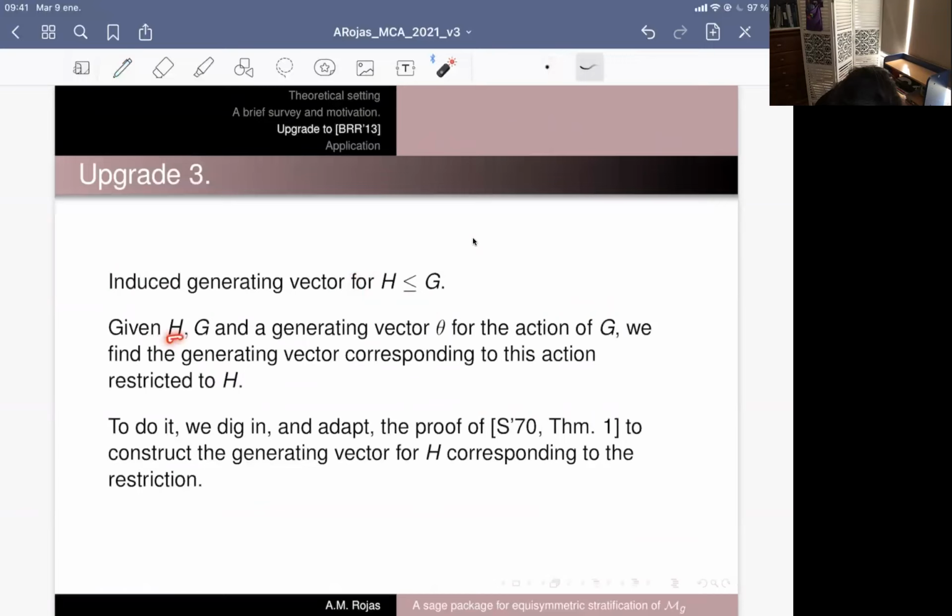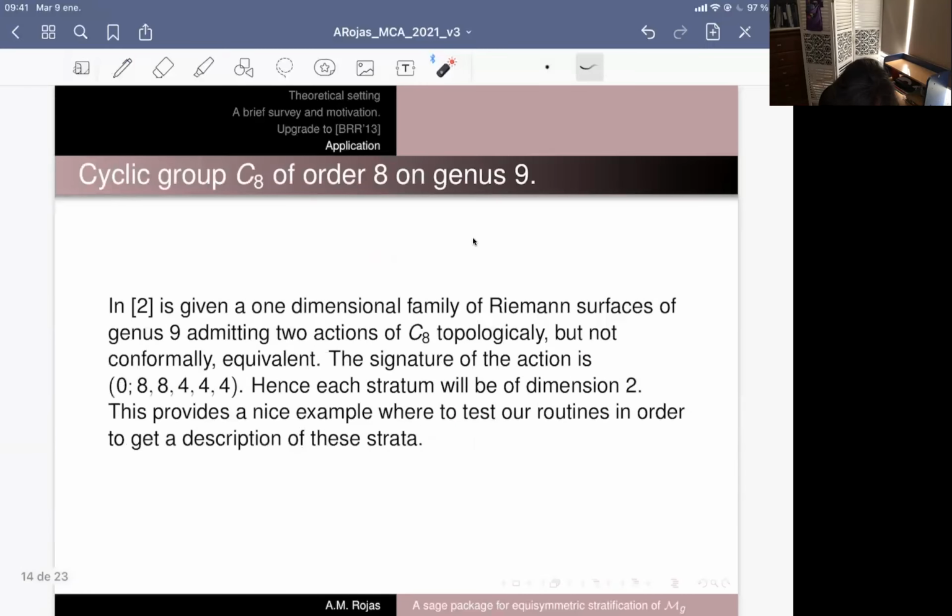So given an H and a G and a generating vector theta for the action of G, we find the generating vector corresponding to H. As I am running out of time, let's say that to do it, we dig into a classical theorem from Singerman from 1970, where he wanted to study the signatures of the action restricted to subgroups, and inside his proof, you can extract ideas in order to construct a generating vector corresponding to H.